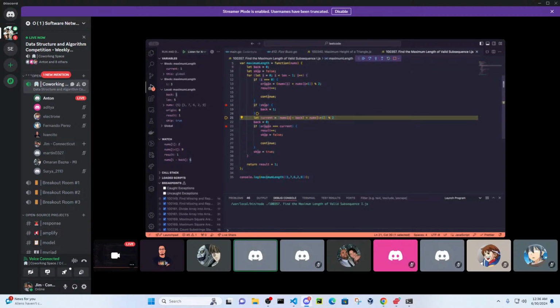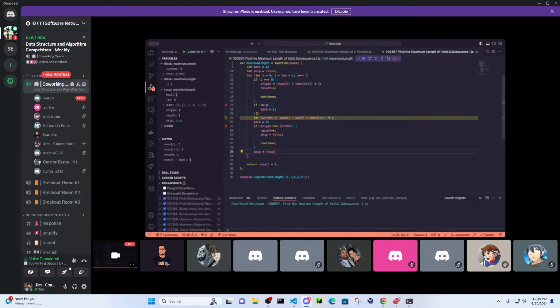So we just move back and skip. This skip being true means that the pair we've checked here is not proper, and we need to skip the element and just check another pair.